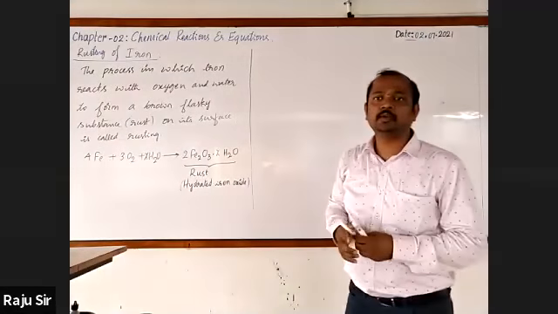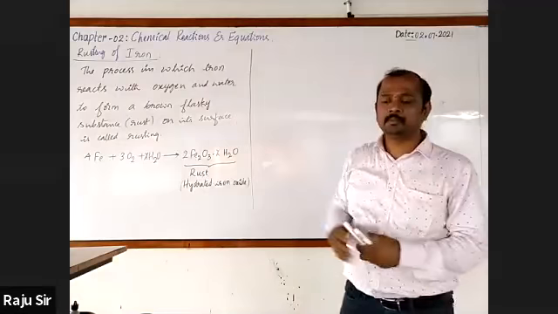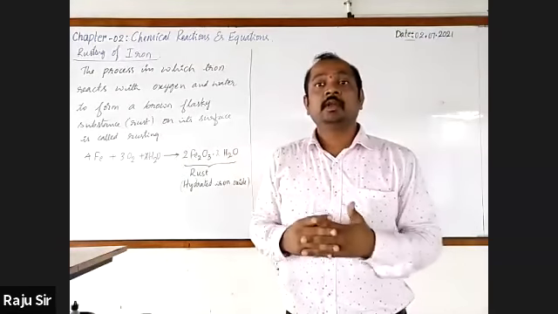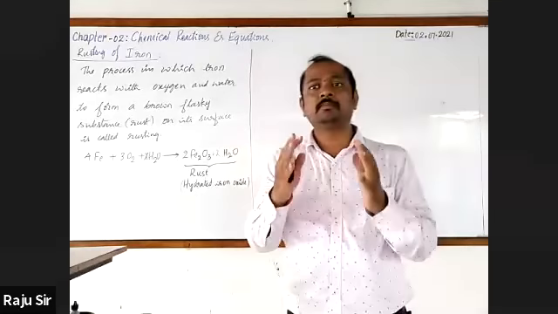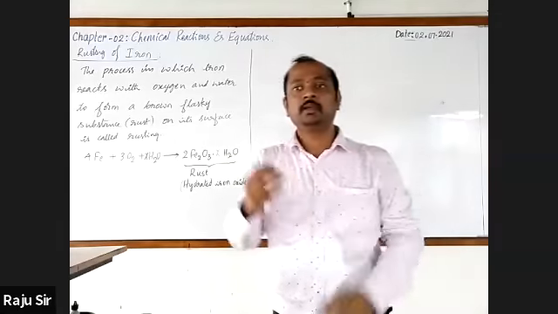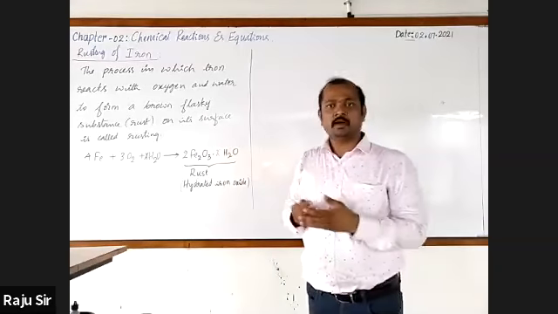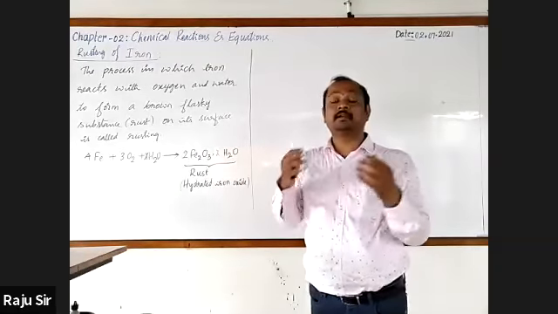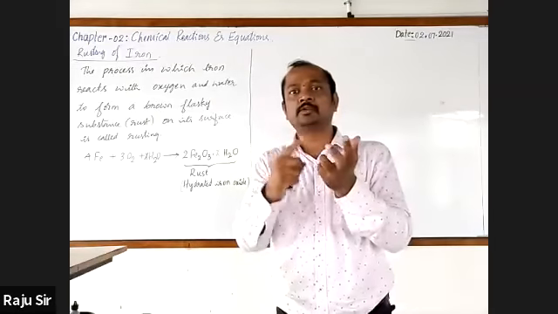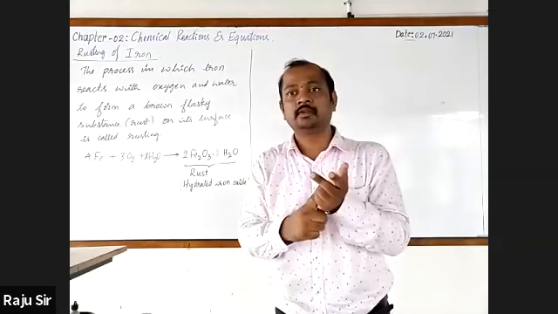Dear students, you all know that iron is one of the metals which is used extensively, right? Hence, the rusting of iron must be prevented. We know the reason for this. When iron gets rusted, or in general any metal gets rusted, one thing, it loses its mass. Second thing, it loses its strength, right?